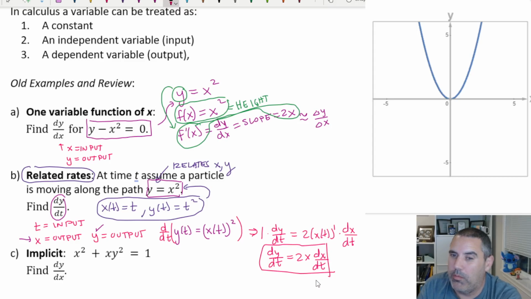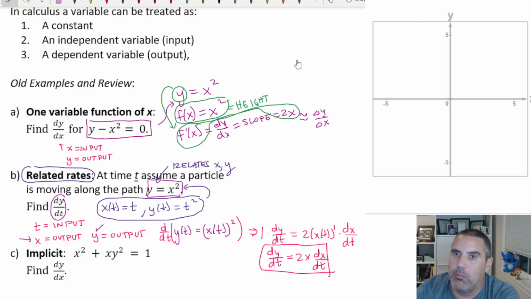And if you know how fast the x is moving, then you also know how fast the y is moving. So if that particle was moving to the right or the left at like 3 feet per second, then you could put a 3 in for dx dt. That was that story. So that's valuable for motion questions.